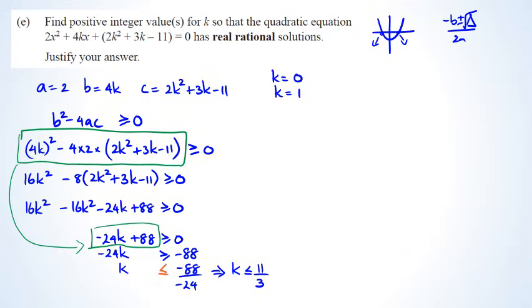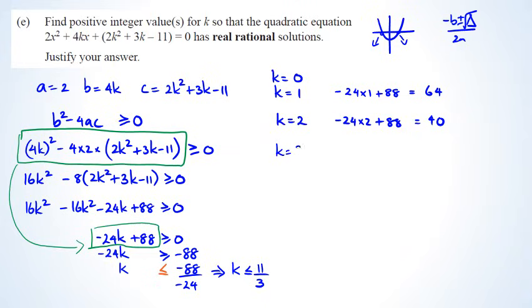When k is equal to 1, I've got negative 24 times 1 plus 88, and that is equal to 64. So this 64 is 8 squared, so it's a square number. If I put k equals 2, I get negative 24 times 2 plus 88, and that is equal to 40. Now this is not a square number.